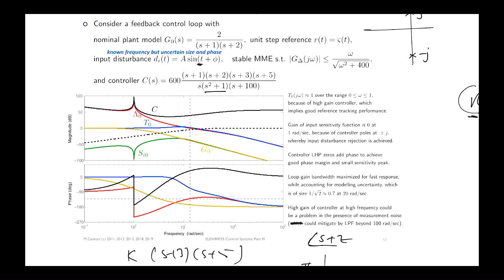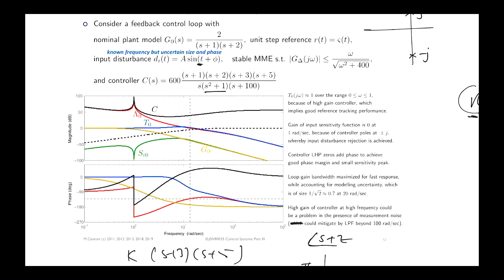Okay, we've got to choose a crossover frequency that is below where this becomes significant to make sure that T will roll off. Okay, so that's how we decide where that should be, right? It's really determined by this, and where the multiplicative modelling error is becoming significant. All right, this is there to get the disturbance rejection.